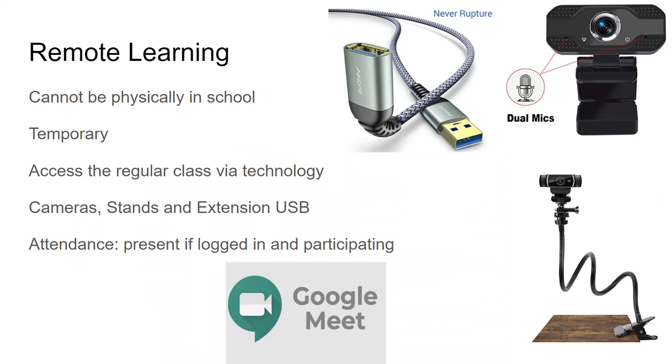The teachers are going to have access to a camera just like the one on the screen here, and the stand and the cords, the technology that they need to be able to share the class with the student. The student should be able to make comments, interact from home. Again, this is a temporary solution if a student needs to be at home and learn from there for a short amount of time.